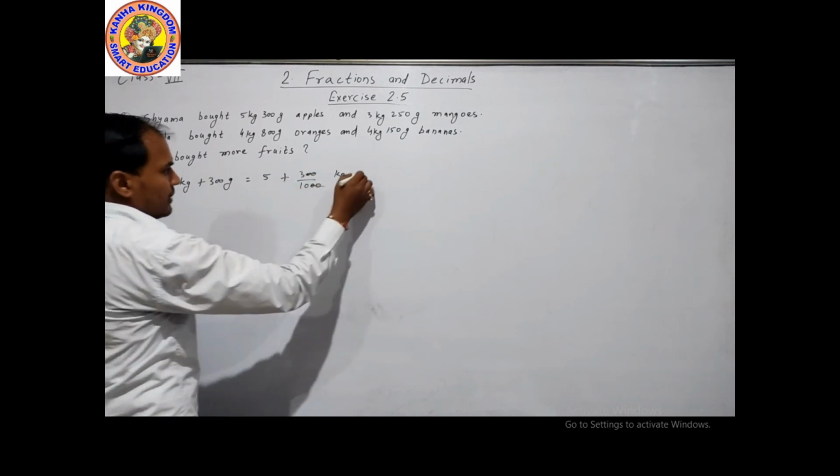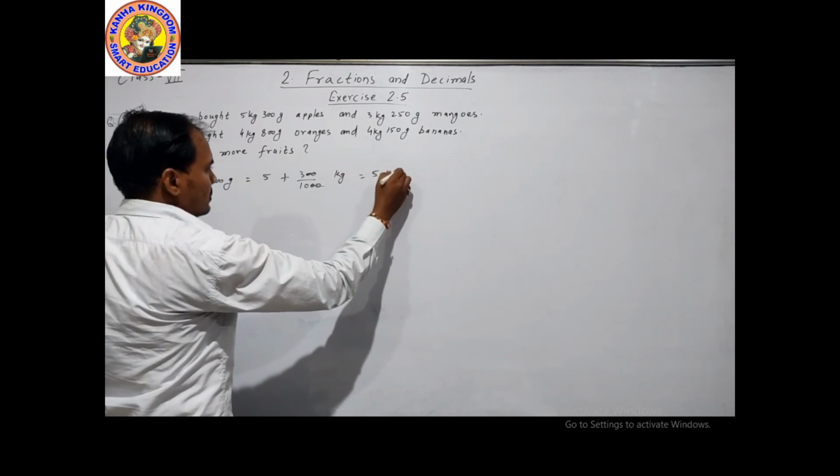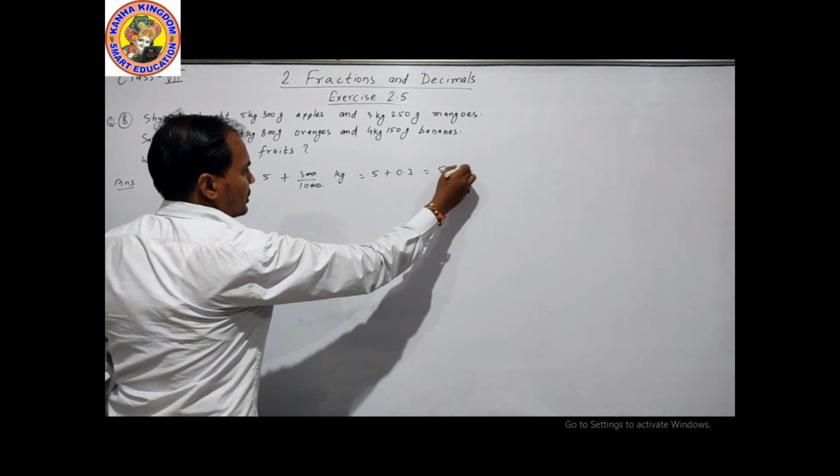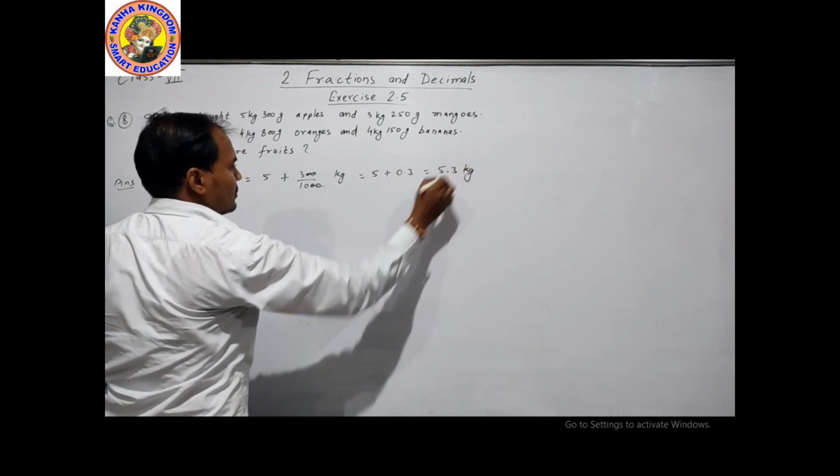One decimal point comes. 5 plus 0.3, so 5.3 kg.